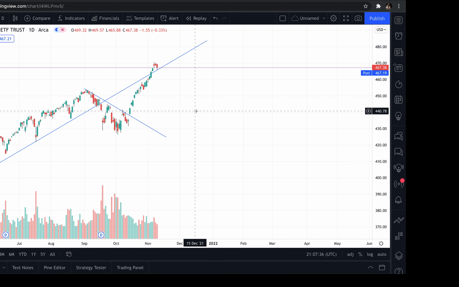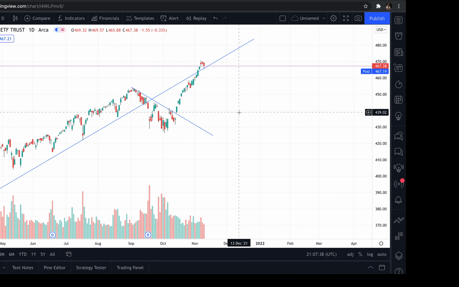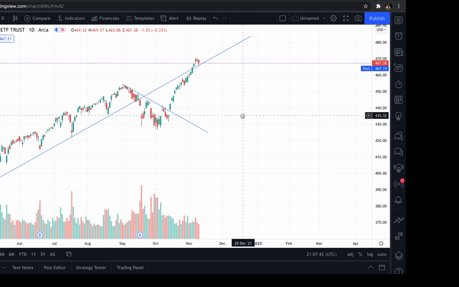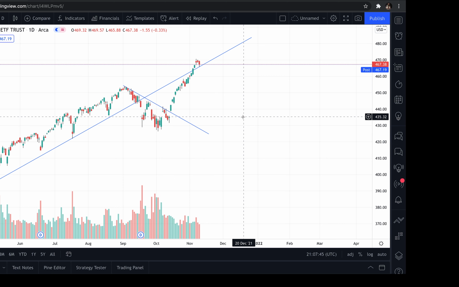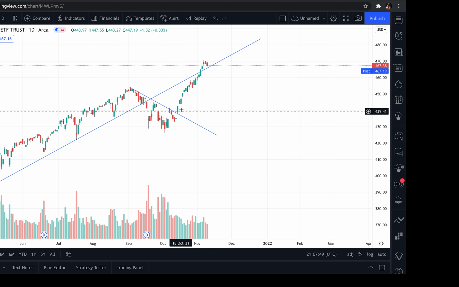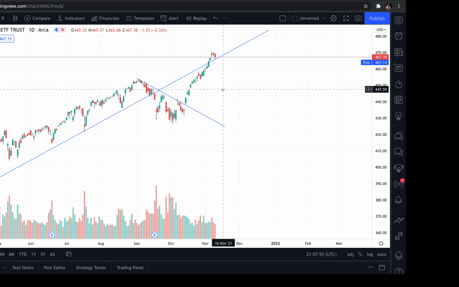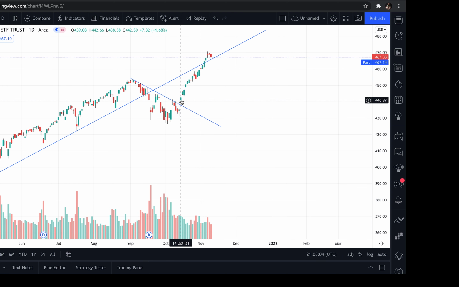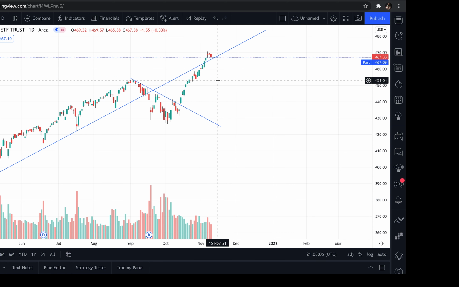This is something I like to tell myself, something that has helped me: you need to think in the heads of other traders. What does this tell you once we broke above this trend line? This is telling you that buyers are a lot stronger than sellers and they're too strong for this resistance. This resistance was proven, because we have multiple touches, but the buyers managed to break through. And we kept pushing up.